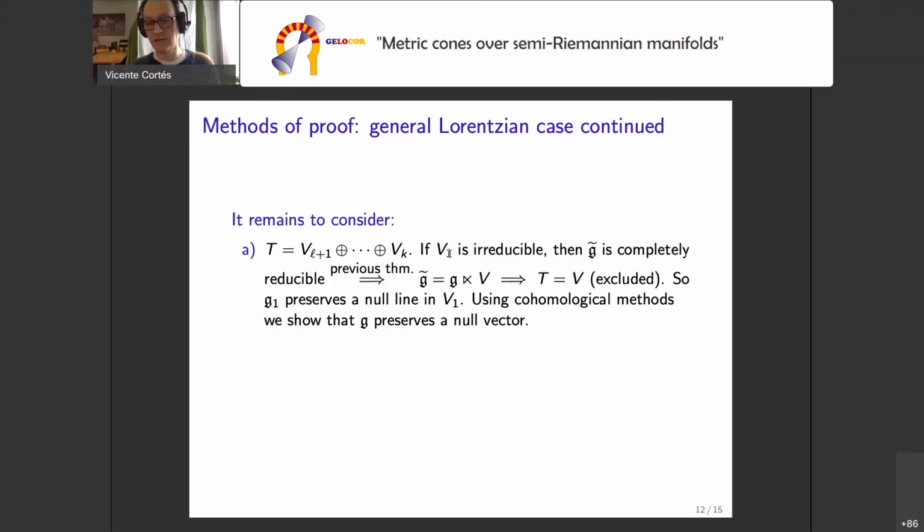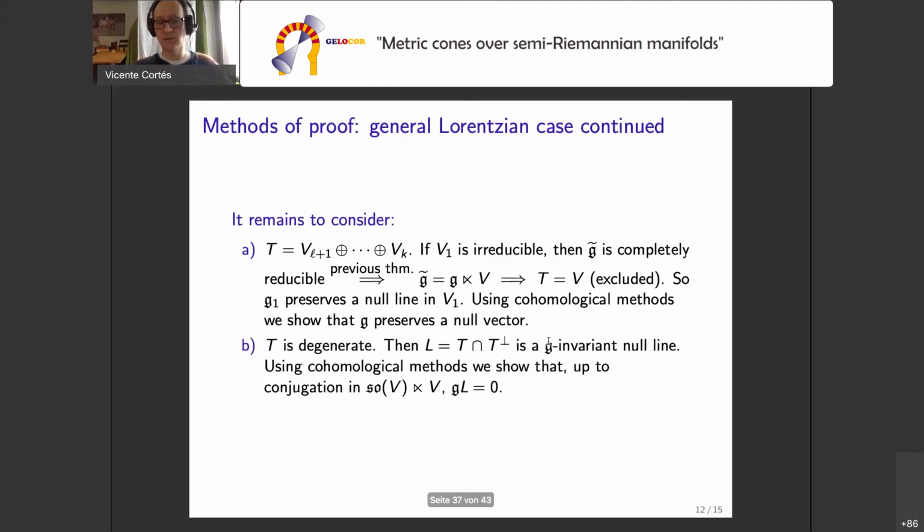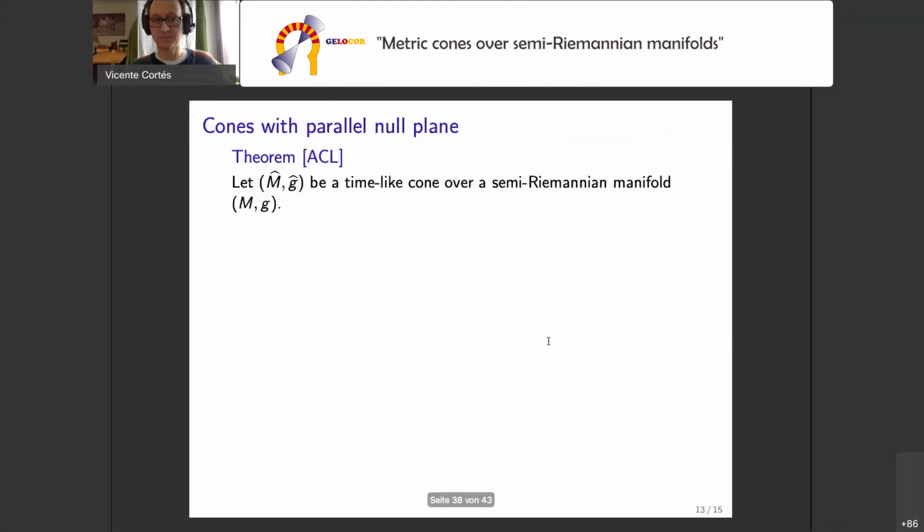Or it is not irreducible, and then we show there's an invariant null line, and using some cohomological methods, we show that there's an invariant null vector. And the last case is when the translation ideal T is degenerate, and also in that case, we show that there's an invariant null vector. This is really a very brief summary. There are some non-trivial arguments involved in showing this.